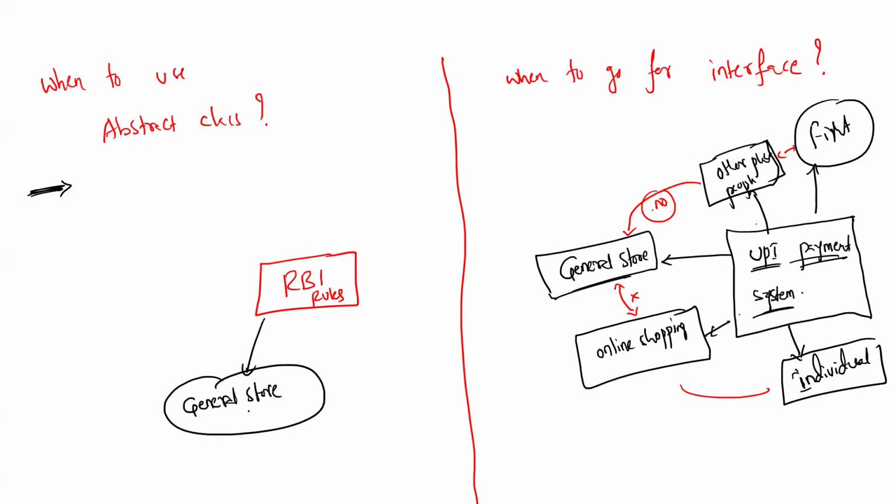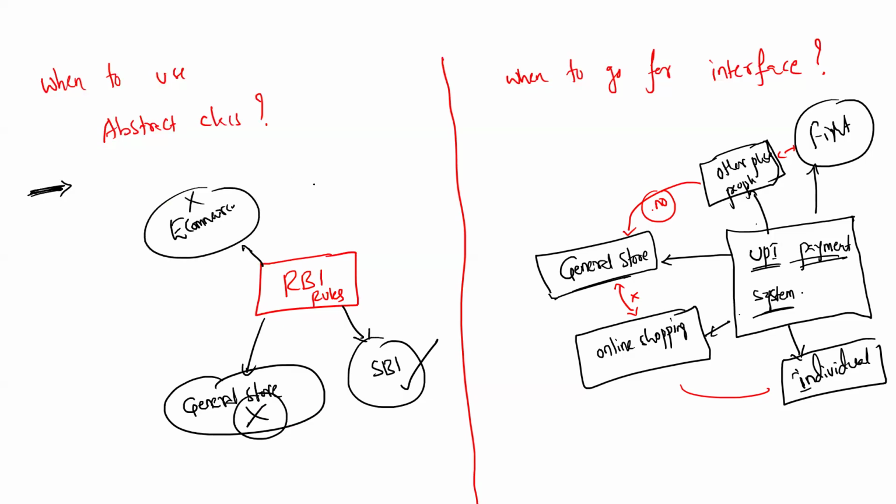Need not follow. Correct? There is a bank called SBI. Do they need to follow? Yes. There is an e-commerce website, Flipkart or Amazon. Do they need to follow any RBI rules? No. Axis Bank, do they need to follow? Yes, they need to follow.